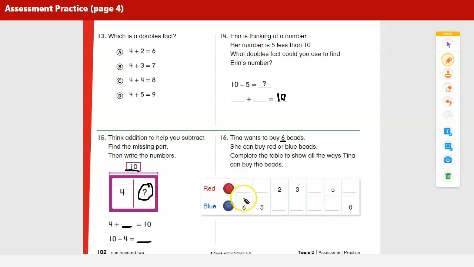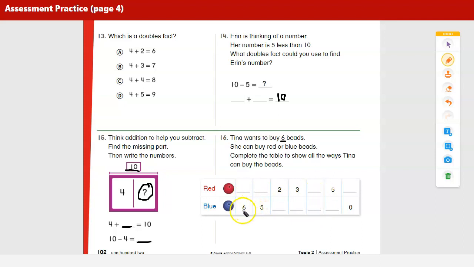So these numbers on red are going up. In the blue beads, we have 6, 5, and then blanks down to 0. So we need to find the missing numbers to fill in the rest of the table. So all we are doing is writing in these missing numbers.